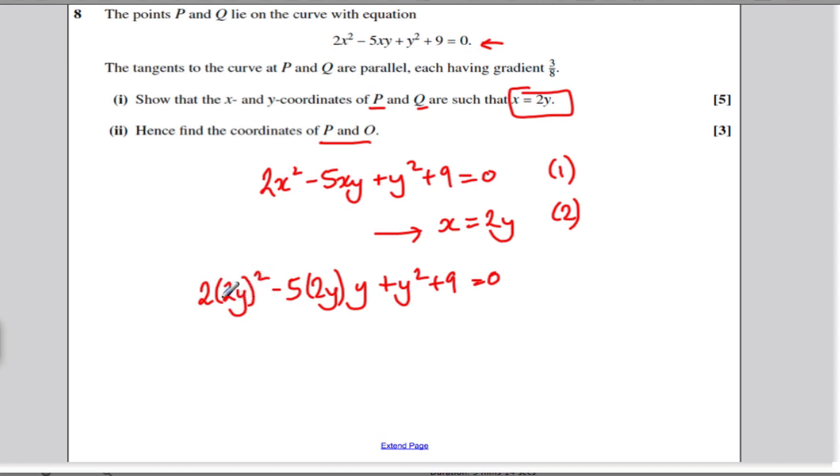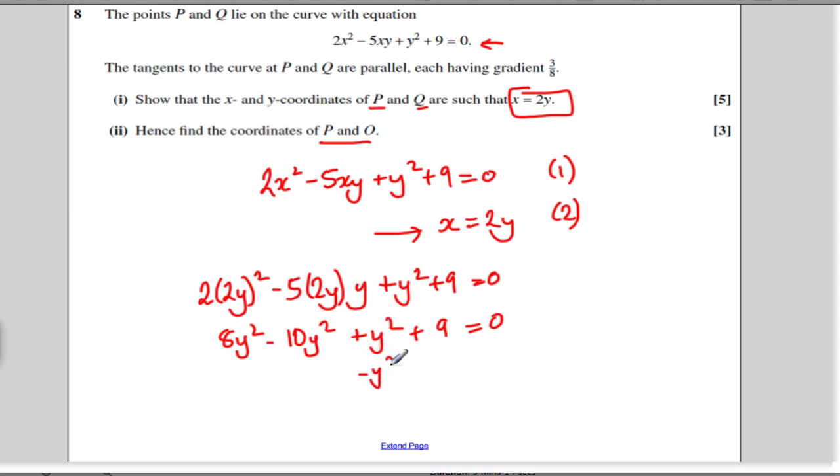2y all squared is 4y squared. Double it, you get 8y squared. 2y times y is 2y squared, times by the 5, you get 10y squared, and it's a subtract. So subtract 10y squared plus another y squared plus 9 is 0. Combine it all together: 8y squared minus 10y squared is minus 2y squared. Add another y squared, you get a minus y squared.